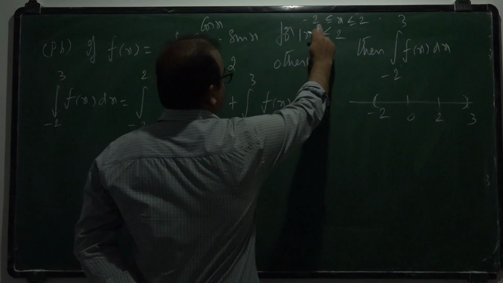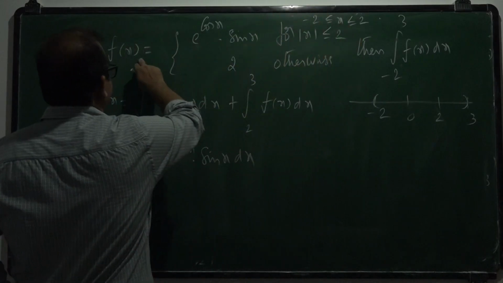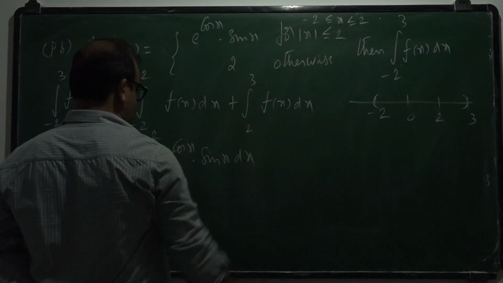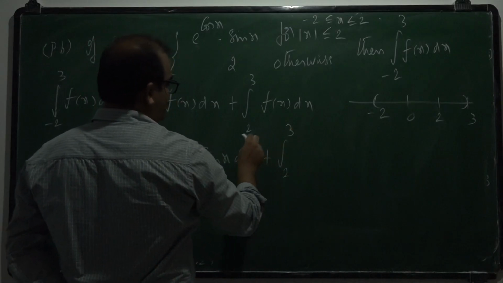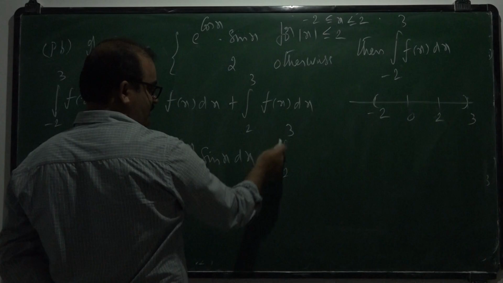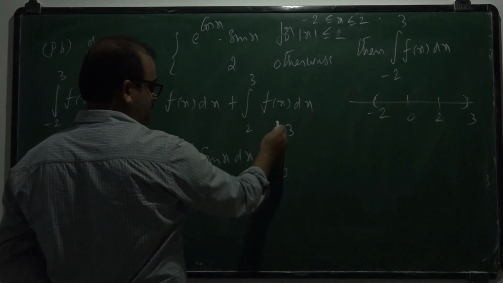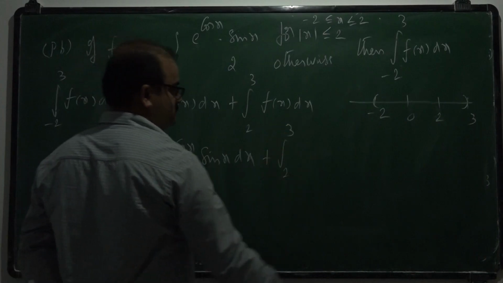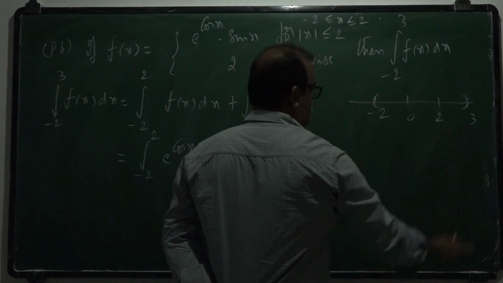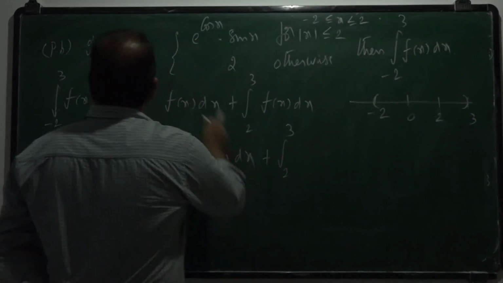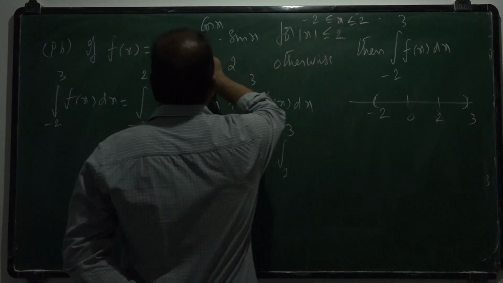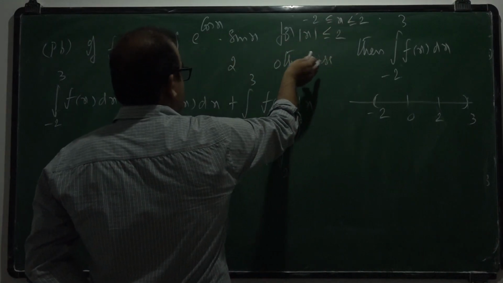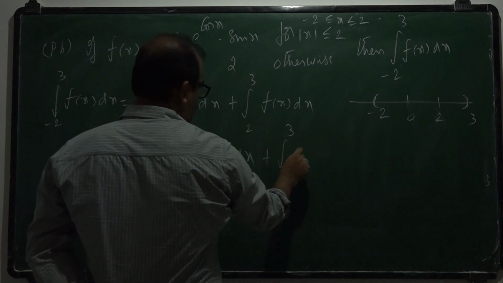If x lies in the interval minus 2 to plus 2, f of x is e power cos x into sin x. Next, 2 to 3 means x lies in the interval 2 and 3. That means x is greater than 2. In this interval, f of x is 2. Otherwise, in the other interval, f of x is this.